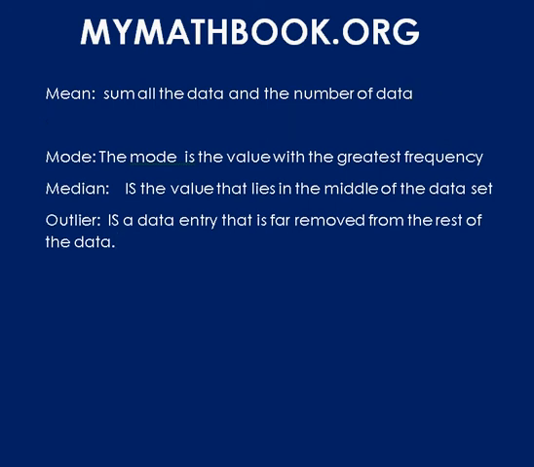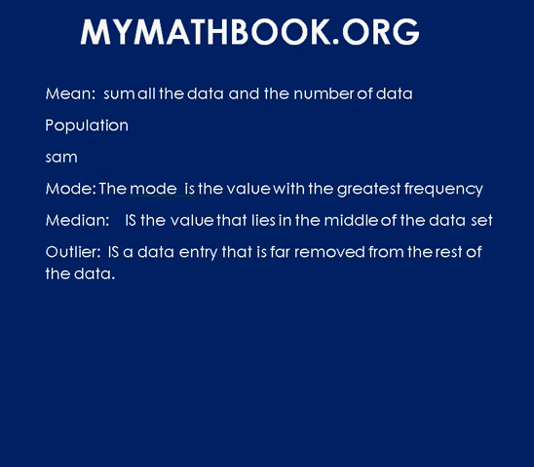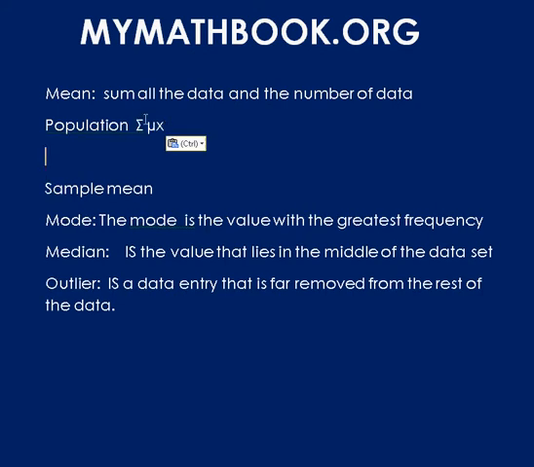But now let's go ahead and put some definitions here. We have two types of mean. We have the population mean, and then we have the sample mean. And the formula for the population mean, alright, this is going to be the population mean formula.